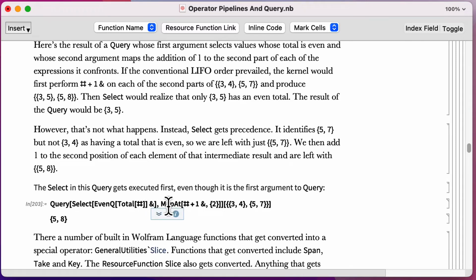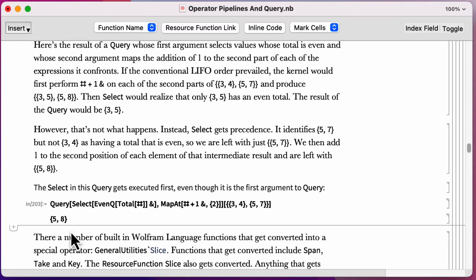Well, we add 1 to each one at the second level, and so that would get us 3, 5, and 5, 8. And now, which of those totals are even? It would be the one that's 3, 5.